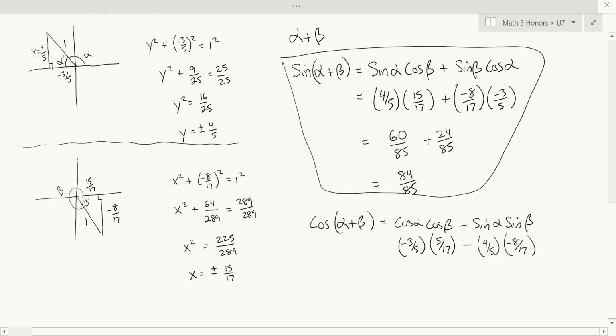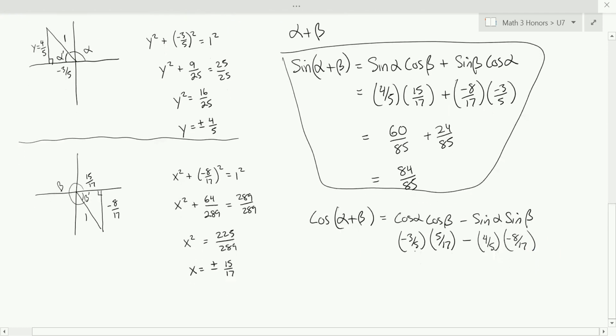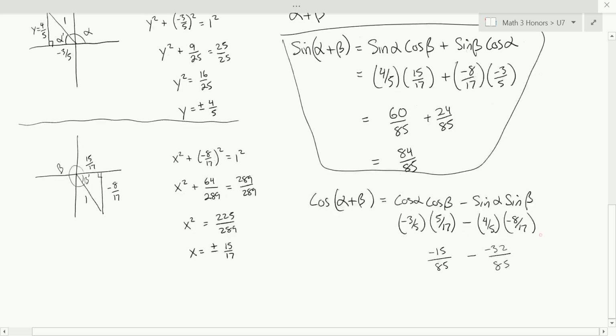And continuing to work through this, negative 3 times 5 is negative 15. 5 times 17 is our 85. Minus 4 times negative 8 is negative 32 over 85 again. And you have a double negative, so that's going to be a plus.